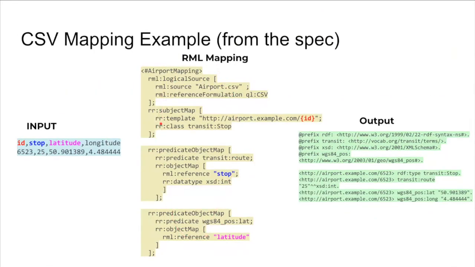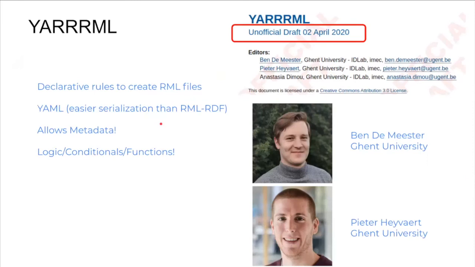So it's a technology for writing RML files, which is the technology for transforming CSV files. So this is a much easier serialization to read than RML.